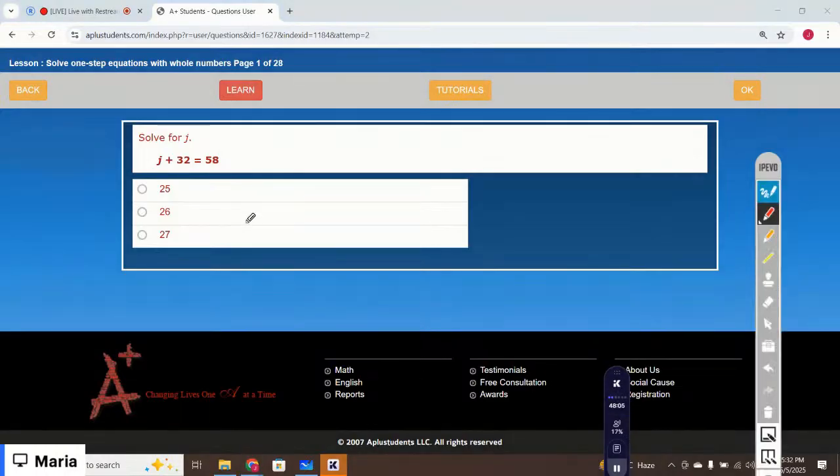Solve for j. j plus 32 equals 58. j plus 32 minus 32 equals 58 minus 32. So 32 and 32 cancel out. 8 minus 2 is 6 and 5 minus 3 is 2.